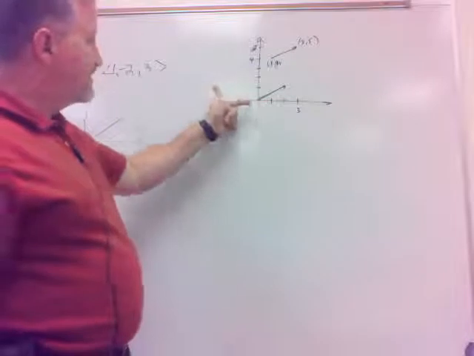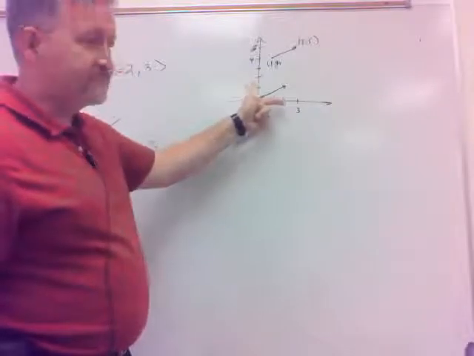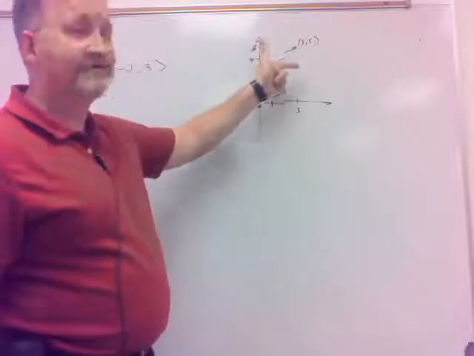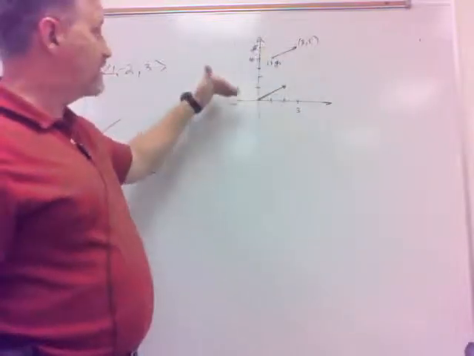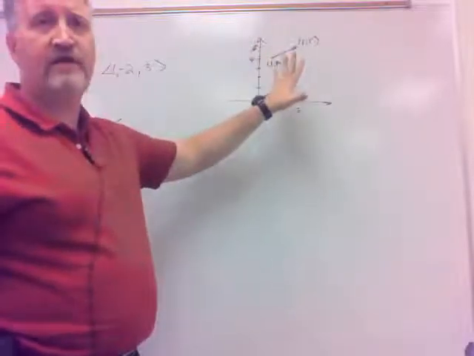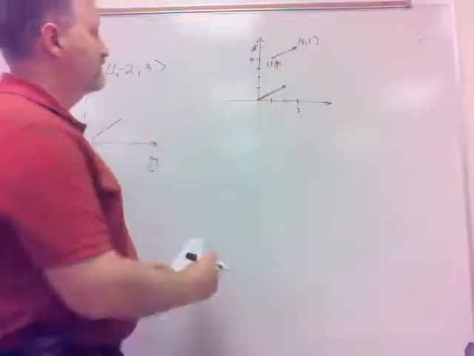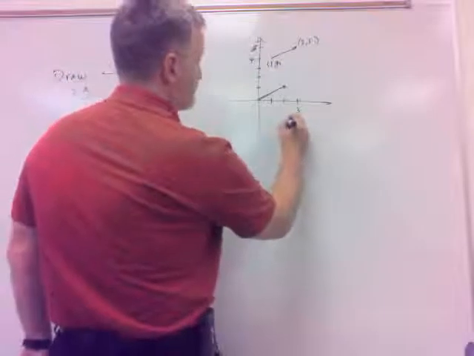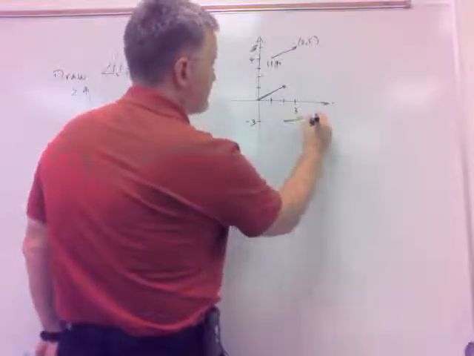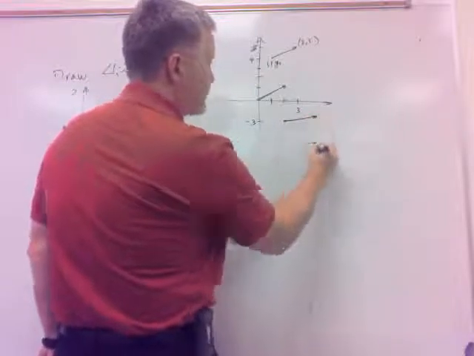Because it goes to the right 2 and then up 1, just like this one. So any vector that we draw that's 2 units to the right, 1 unit up is equivalent to that vector. So we could come down here, say at -3, 2 units to the right, 1 unit up, same vector.